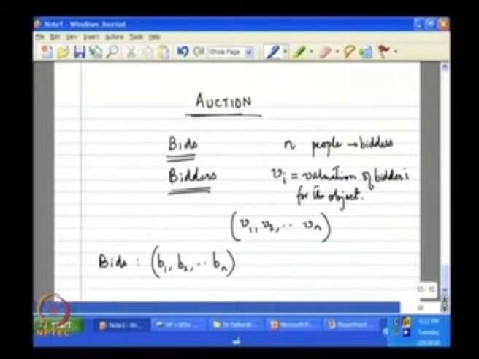This is the symbol that we are going to use for the prices that are quoted by each of the bidders. So, bidder 1 is having a valuation V1, and bidding B1, bidder 2 has a valuation of V2 and bidding B2, like that.